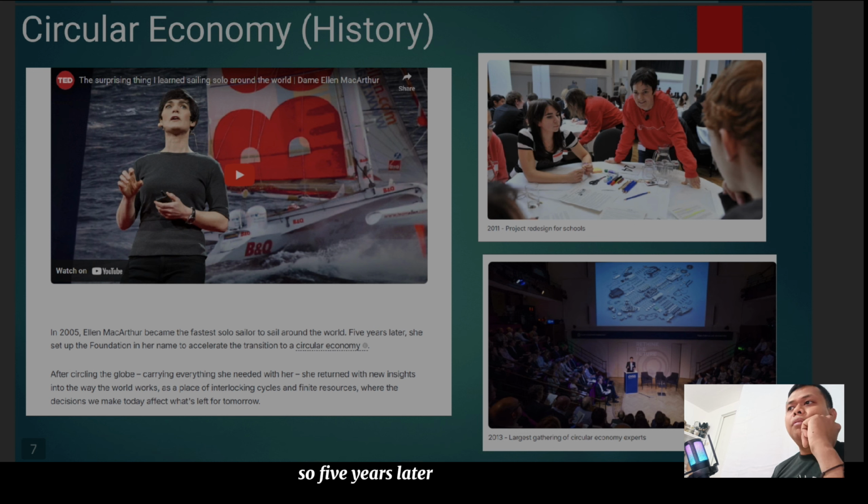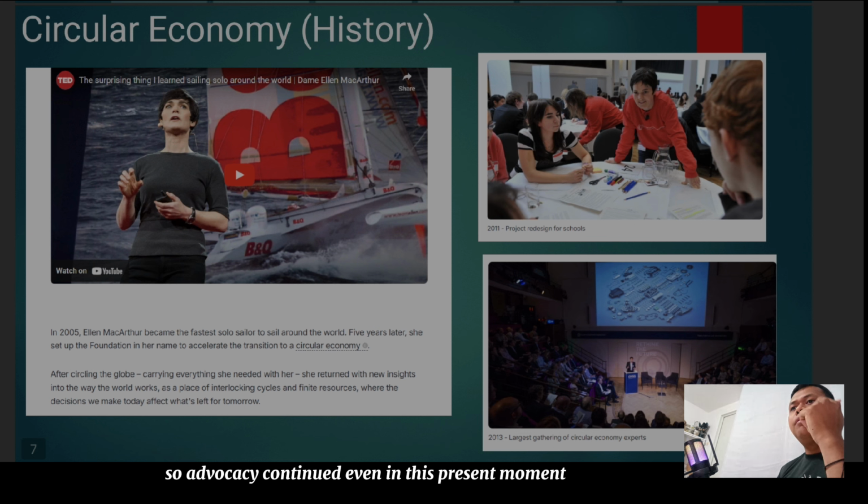Five years later, she set up the foundation in her name to accelerate the transition to a circular economy. In 2011, there was a project redesign for schools. Her advocacy continues even at this present moment. In 2013, there was a gathering of circular economy experts.